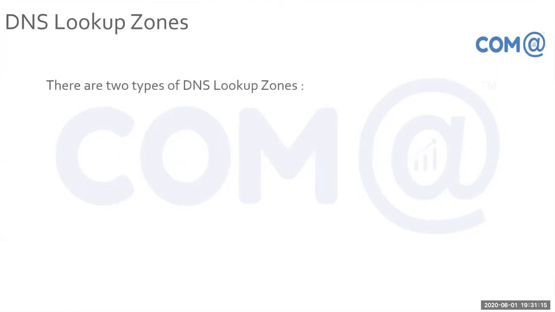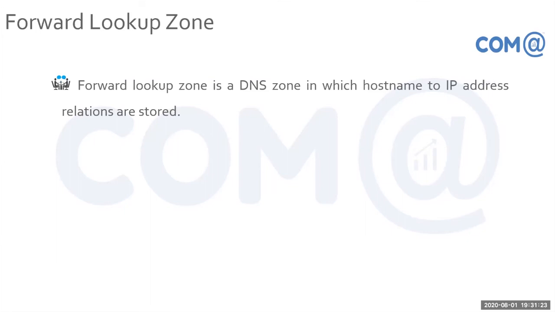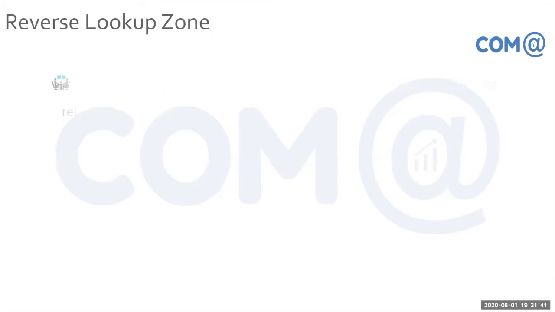And further explaining about the DNS lookup zones. There are basically two types of lookup zones: forward lookup zone and reverse lookup zone. The forward lookup zone is a DNS zone in which the host name to IP address related information is stored. When a computer asks for the IP address for a particular host name, the forward lookup zone is verified and the desired result is returned to the client.